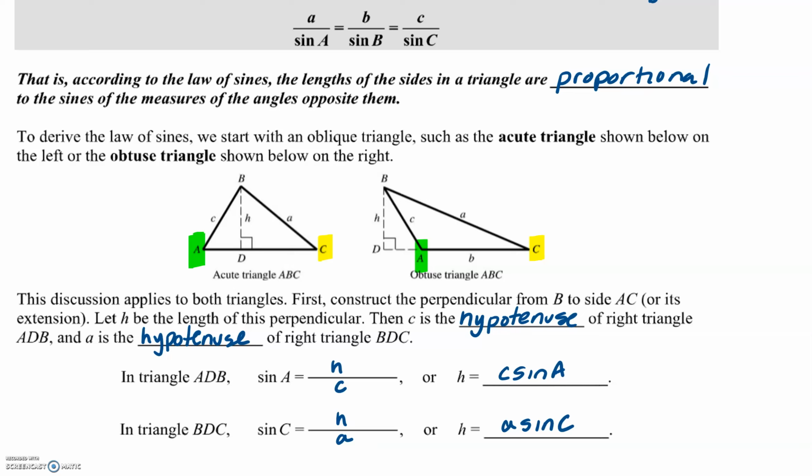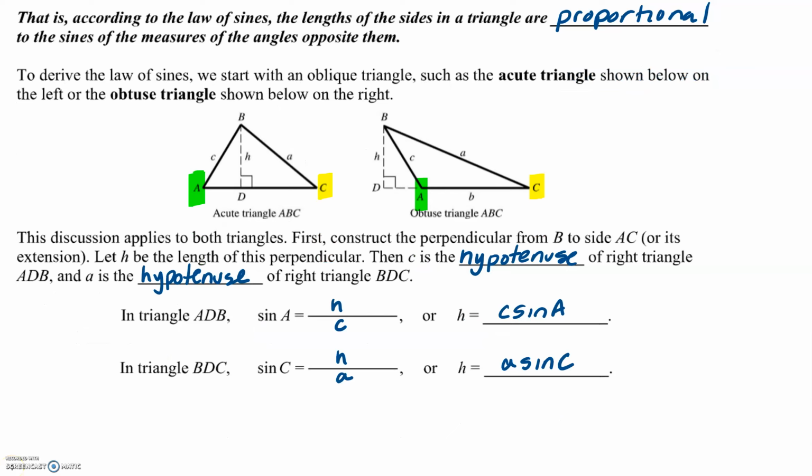So again, it doesn't matter what type of triangle you have. Now I'm going to set these two h's equal together because they're both h, the same h.